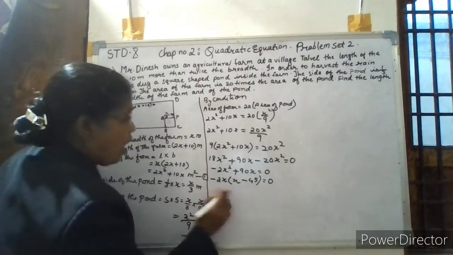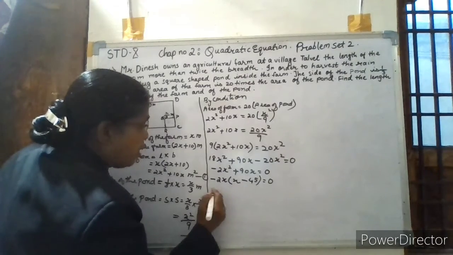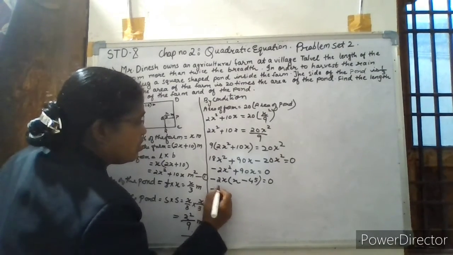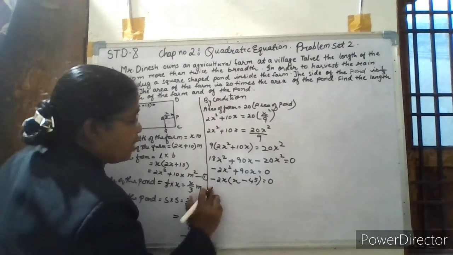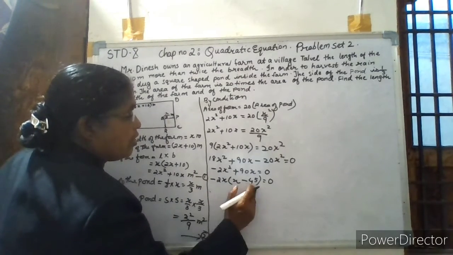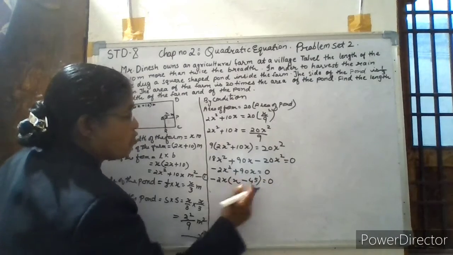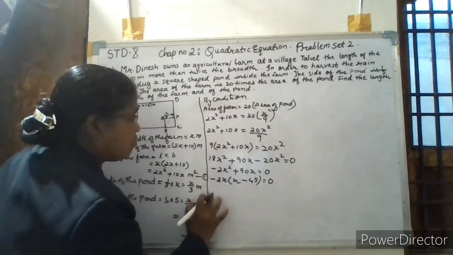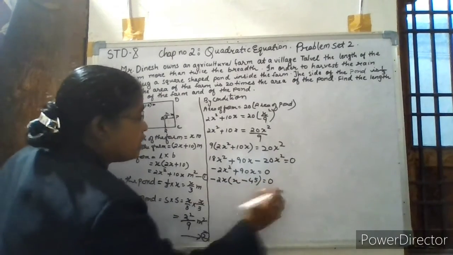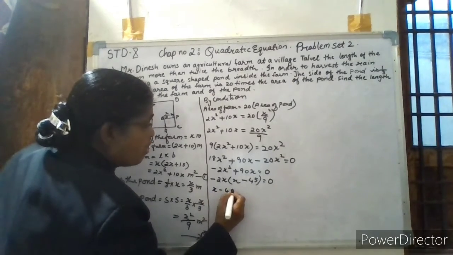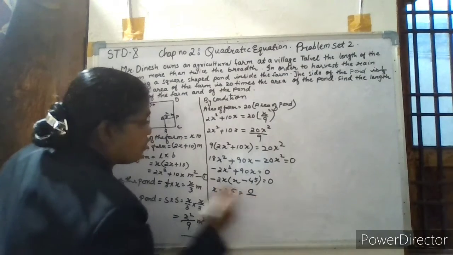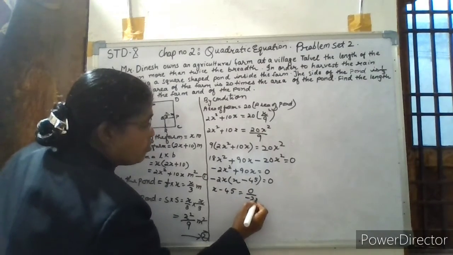Now we have minus 2x taken out common, this bracket into this bracket equal to 0. So directly we will take this to the other side and divide. So x minus 45 is equal to 0 divided by minus 2x.